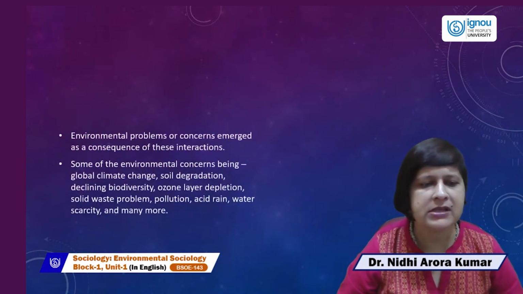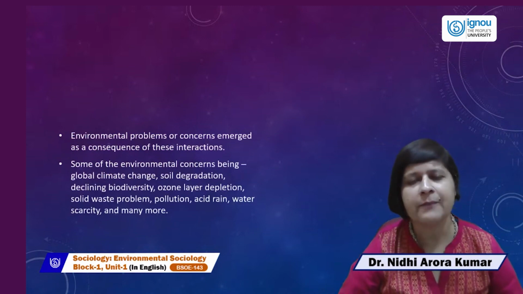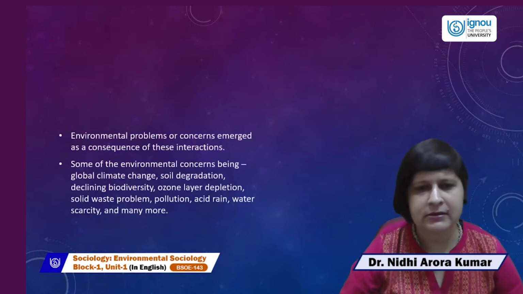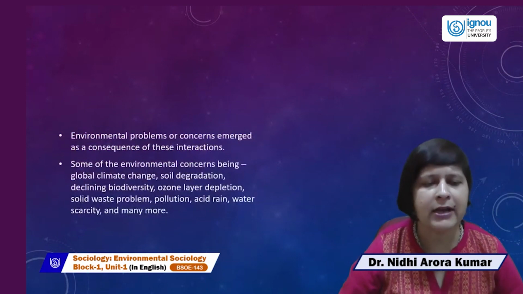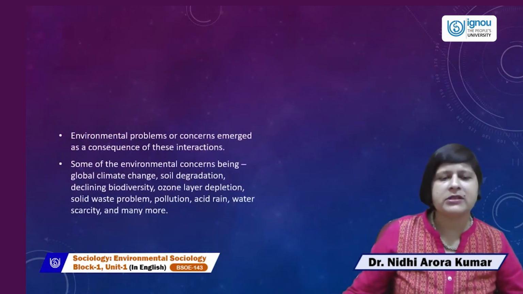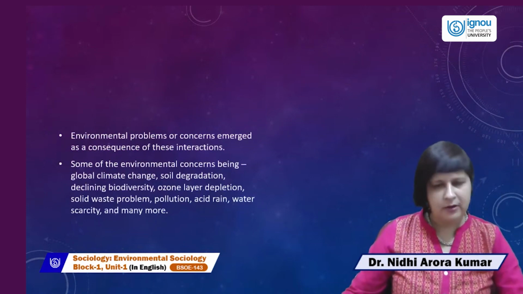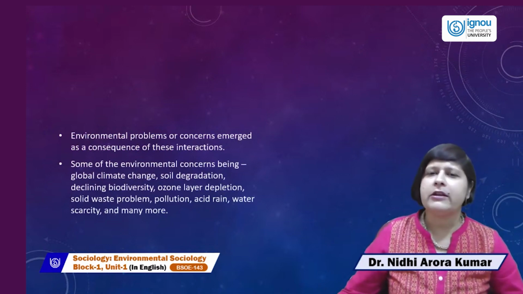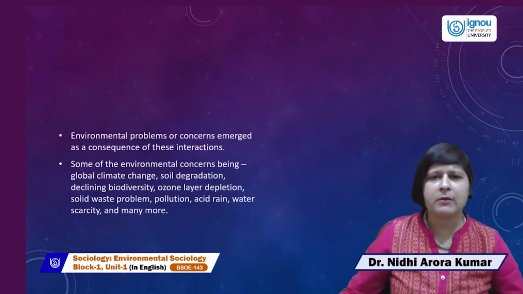Environmental problems or concerns emerged as a consequence of these interactions. We discussed that they have reciprocal influence, right? And the environmental problems emerged as a consequence of these interactions, because human society interacts with the environment and exploits it for the betterment of society, and this impacts the environment in a positive or negative way.